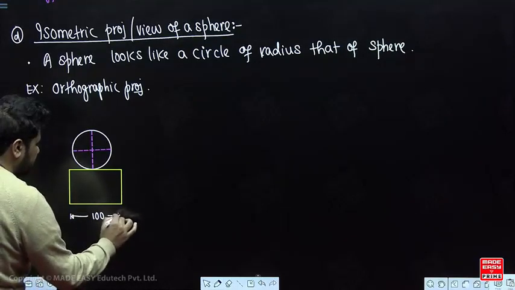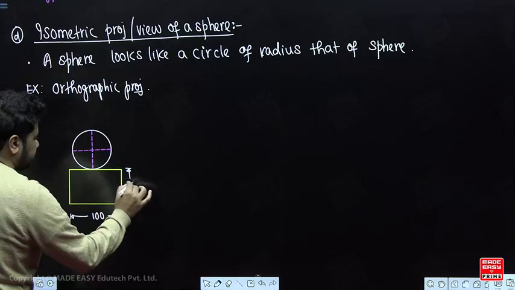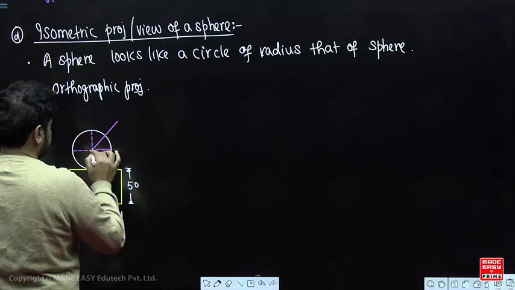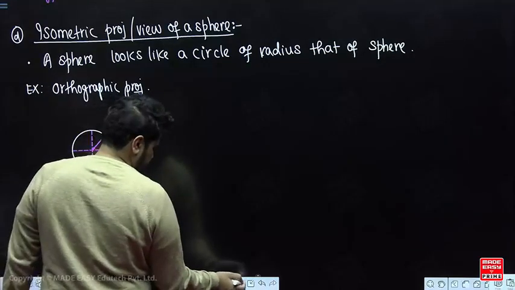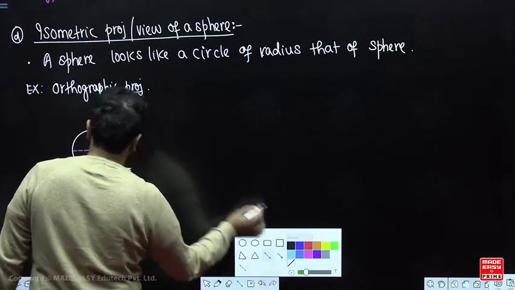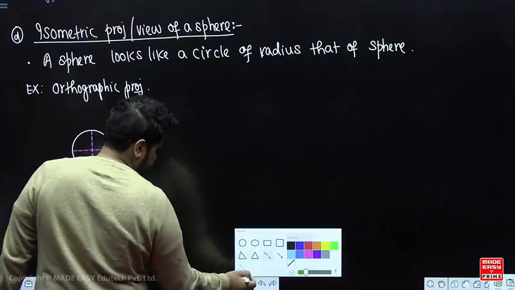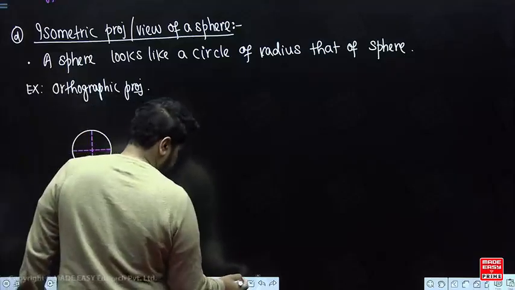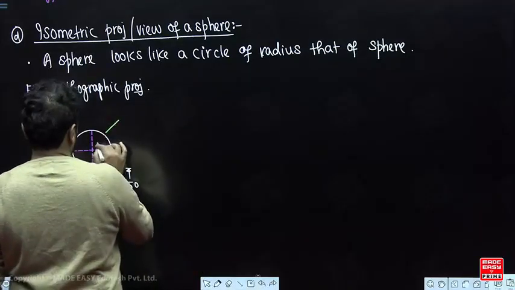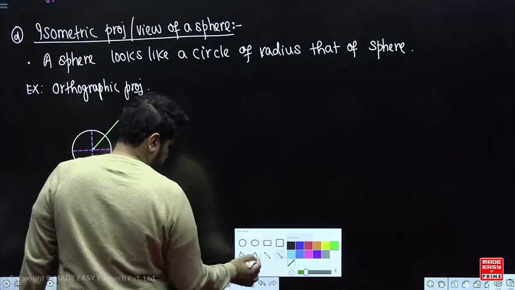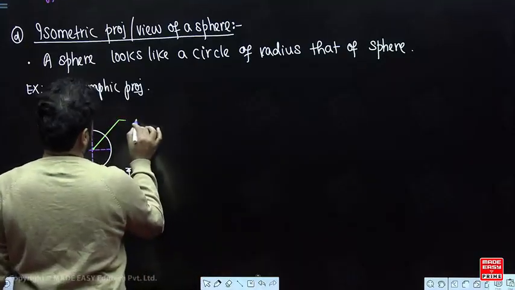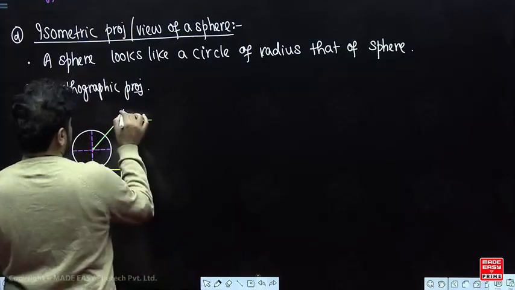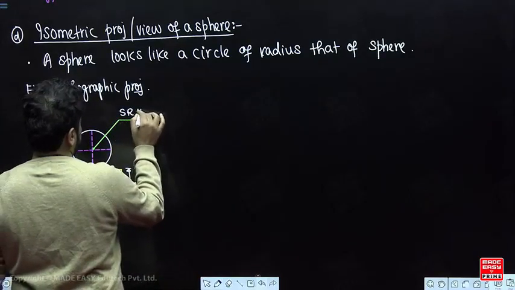You can take any value, and let us say this is your 50, correct? And we have a spherical radius of, suppose, 10.